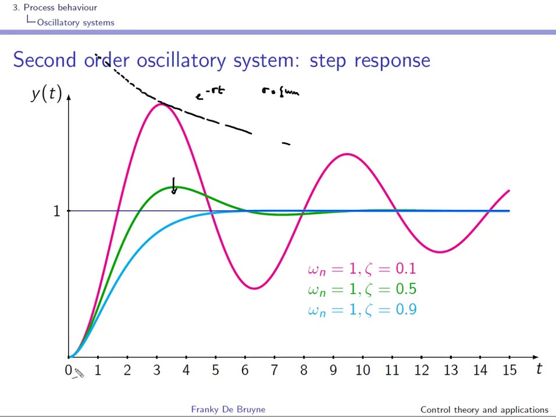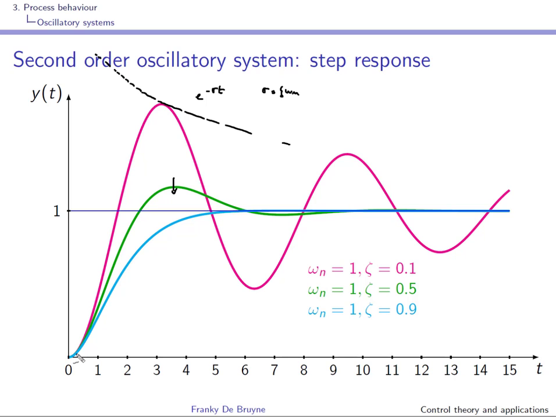Notice also that at the origin we have that the step response is 0 and the associated slope is also 0, and this is because the associated transfer function has a relative degree of 2.